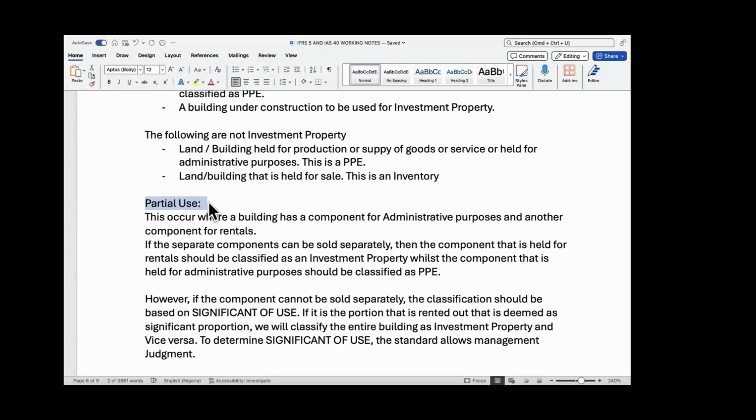So are you going to classify such a building as an investment property, or you're going to classify it as PPE?